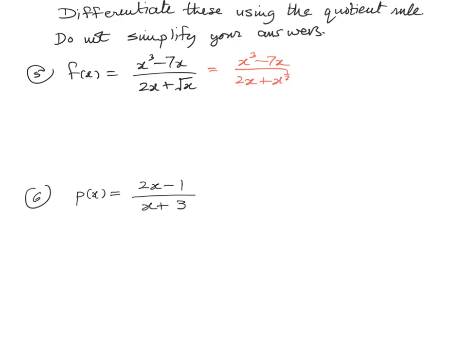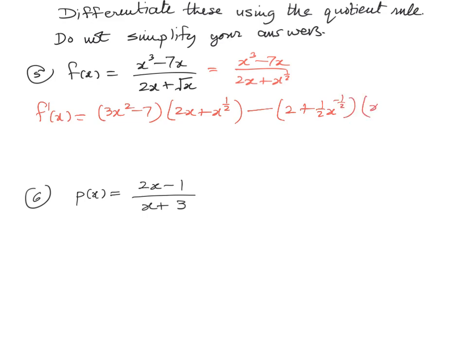So f prime of x equals the derivative of the top, well, that's going to be 3x squared minus 7, times the bottom one left alone, so 2x plus x to the 1/2, minus, now I take the derivative of the bottom, 2 plus 1/2 x to the negative 1/2, times the top left alone, x cubed minus 7x left alone, divided by the entire bottom, 2x plus x to the 1/2, quantity squared.